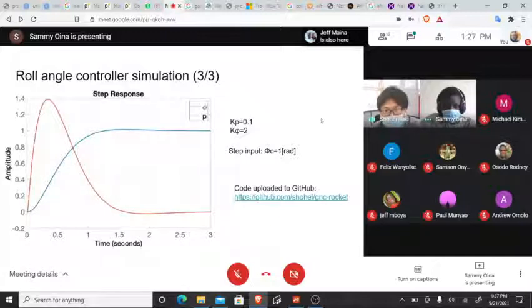Finally, I did the simulation using the control system shown two pages before. The red one is the angular rate p. This is a step input response. I inputted a target angle of 1 radian, so at the end of the day, phi should be 1.